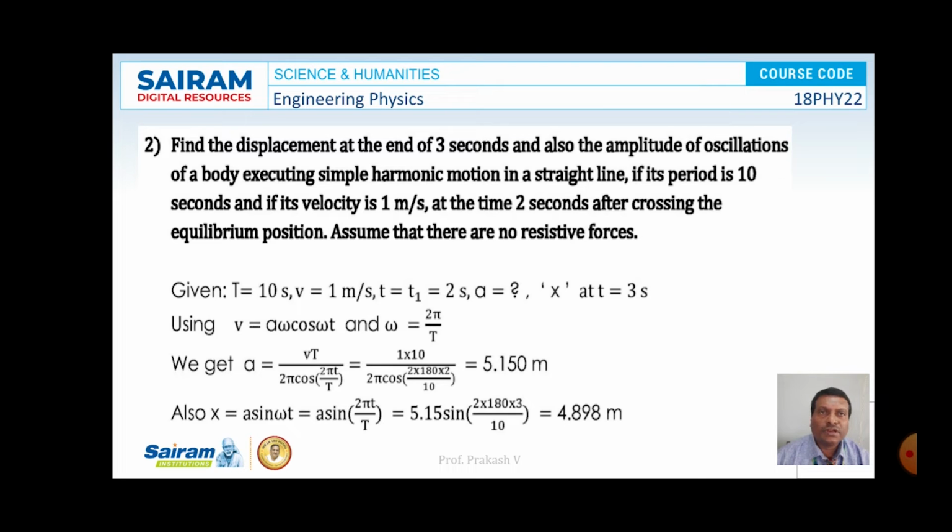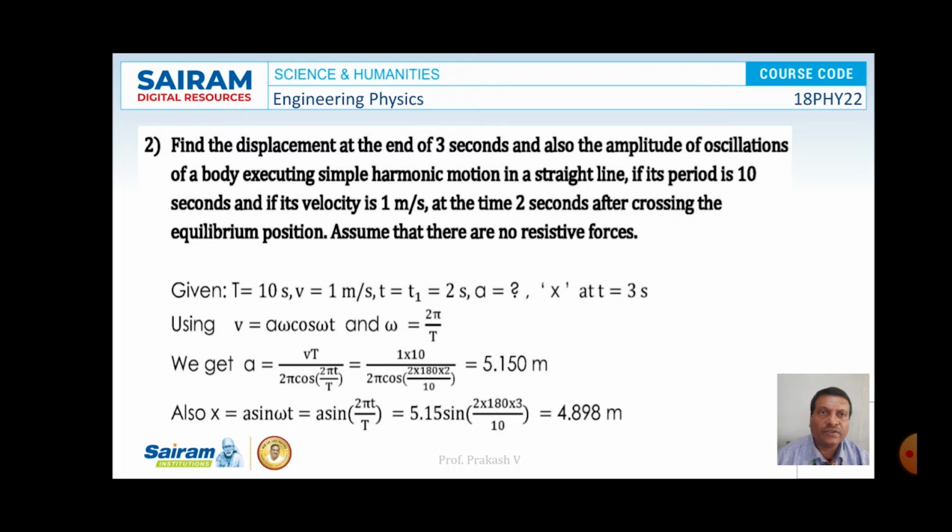So we know that v is equal to A omega cos omega t. Further A is equal to vT by 2 pi cos (2 pi t1 by T). Substituting the given values in the formula, the value of A is found to be 5.150 meter.